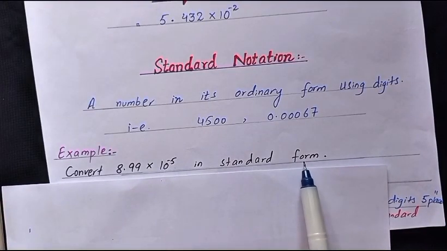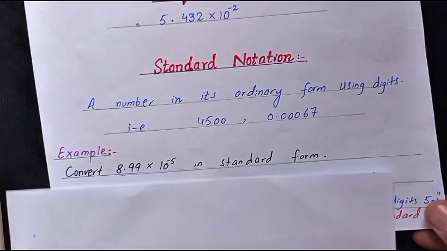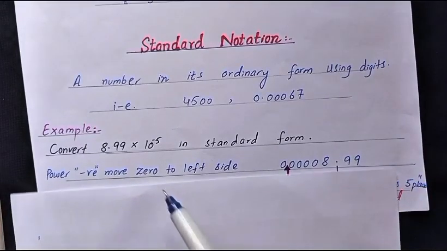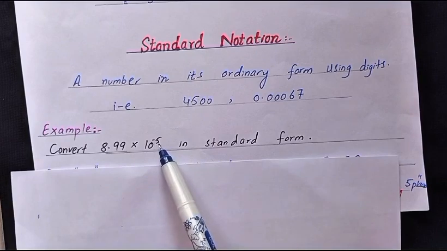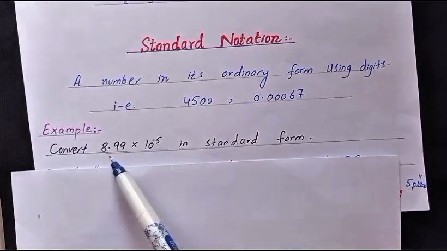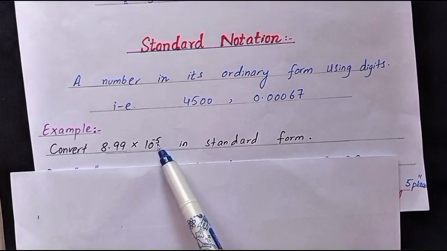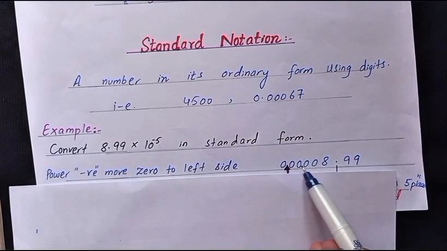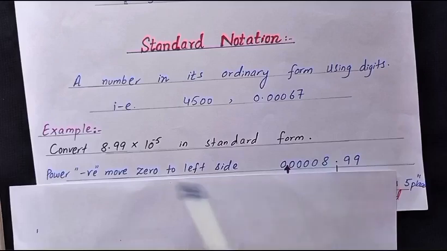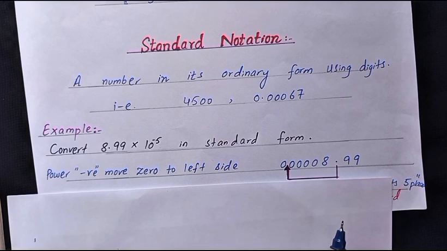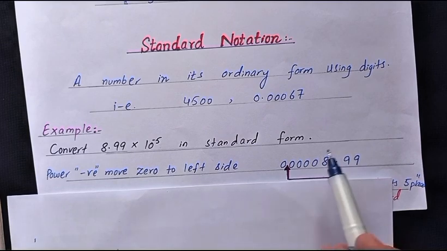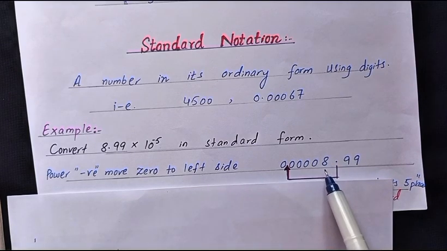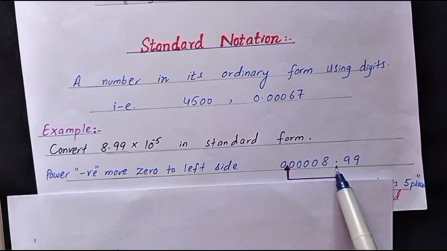Now solving an example of conversion into standard form. Here a scientific form is given. To convert it into standard form, we can see the exponent or power is negative. It means that we move to the left side of the digit 8.99, and we place 5 digits to the left side: 1, 2, 3, 4, 5. As we move to the left side, we count 5 digits moved by the decimal point.